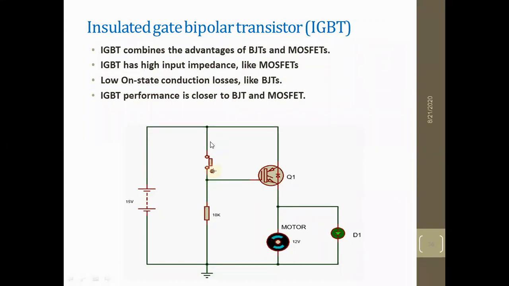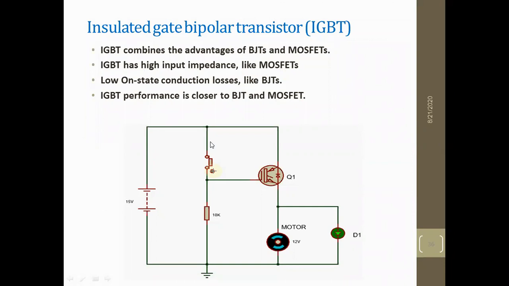For an IGBT, of the two switches, one of the switches has high input impedance. That is, the high input impedance is from the MOSFETs, and also low on-state conduction losses from the BJTs.